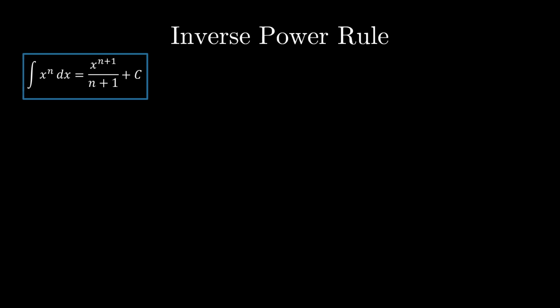Let's say we were to confirm this rule to be true, then let's test it out from the initial example. Let's integrate 3x squared and see if it results in x cubed. Move the 3 out as per the constant multiple rule. Then integrate x squared by using the same technique. Add 1 to the exponent, then divide everything by that same new exponent.